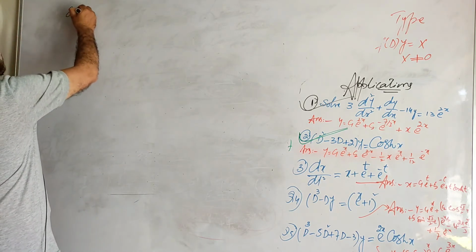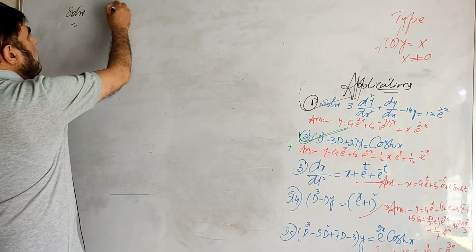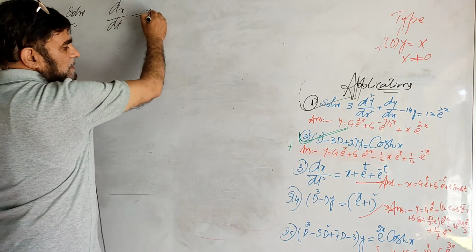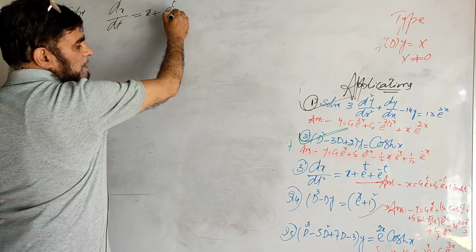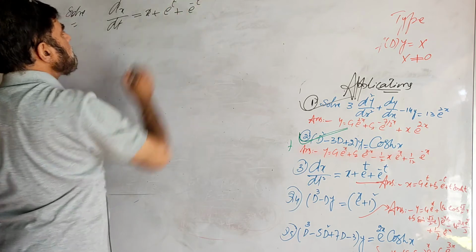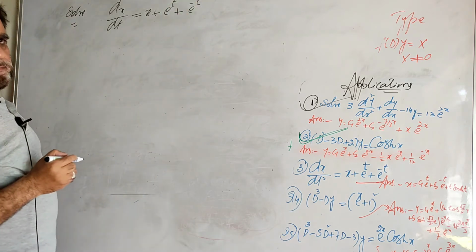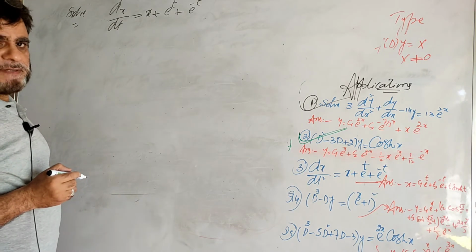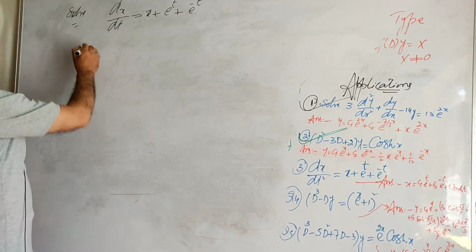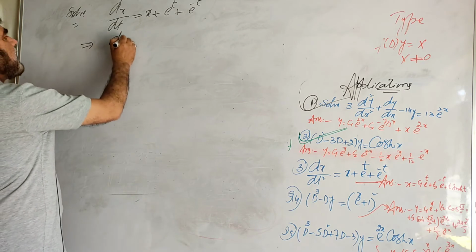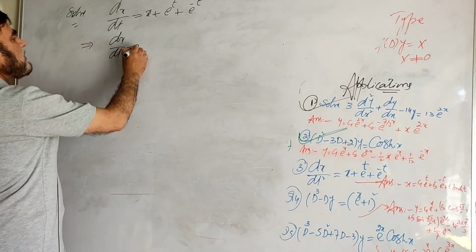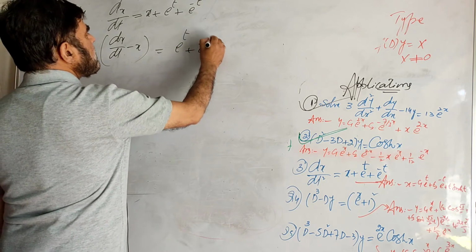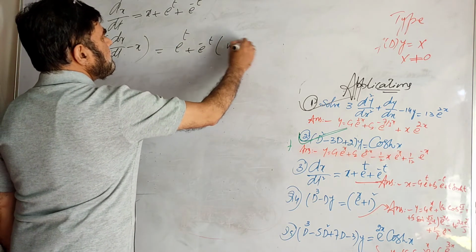Solve d2x by dt2 equals x plus e raised power t plus e raised power minus t. Here x is the dependent variable and t is the independent variable. You will write it as d2x by dt2 minus x is equal to e raised power t plus e raised power minus t. This is an important setup.